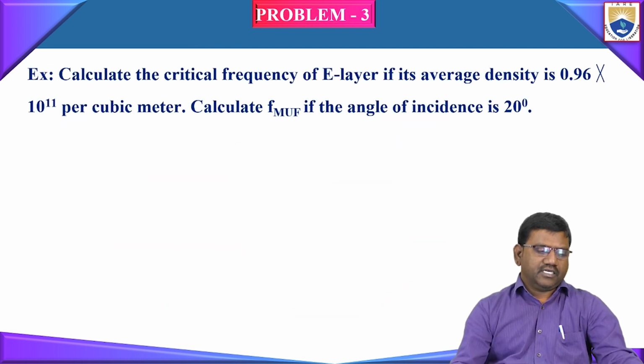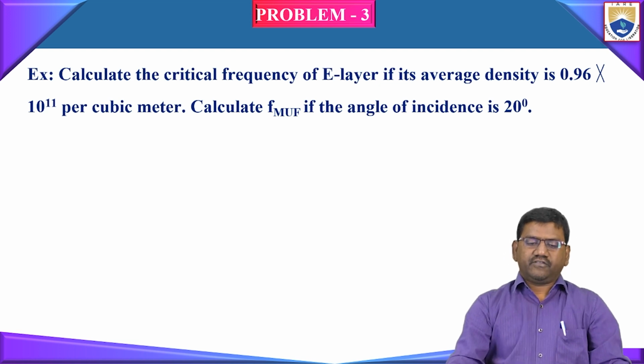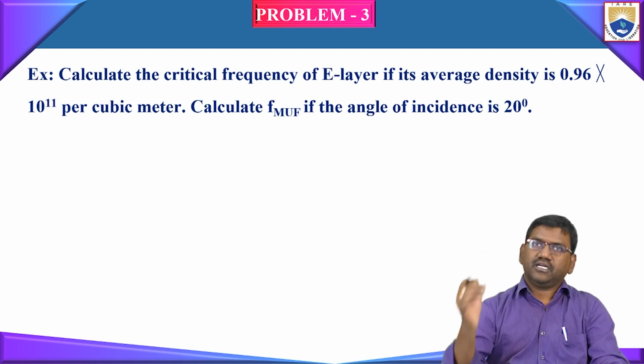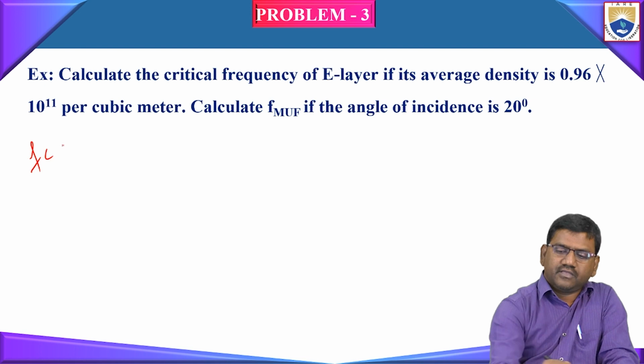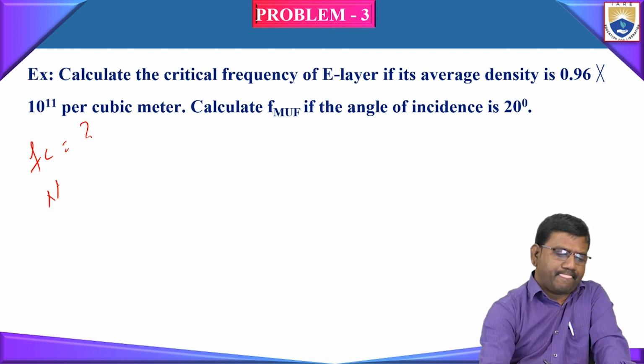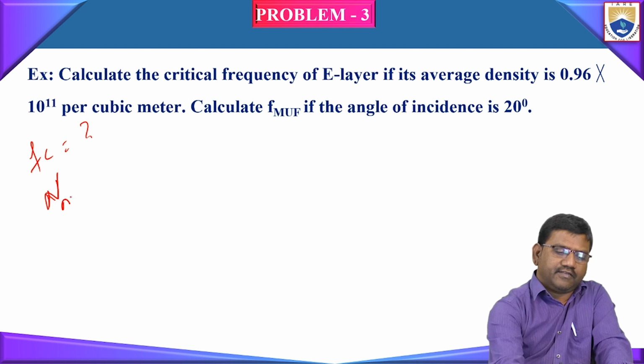Now let us calculate the critical frequency of the E layer if its average density is 0.96 into 10 power 11 per cubic meter. Calculate MUF if the angle of incidence is 20 degrees. So here we are going to calculate the critical frequency, and the average density is given as N max.